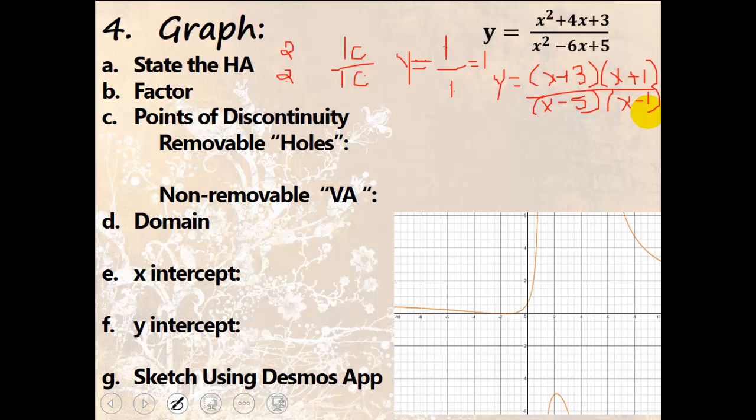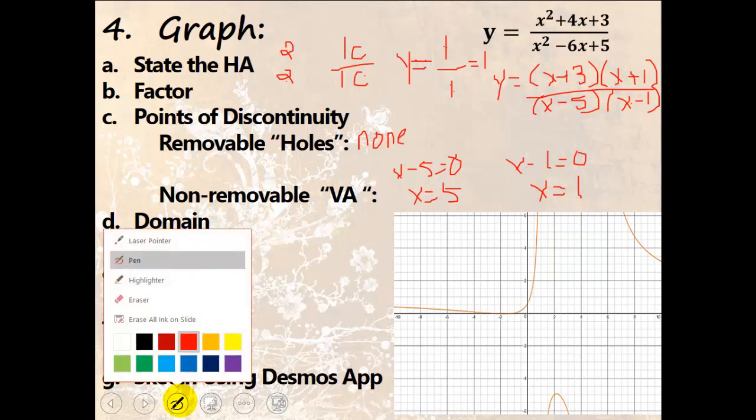Do I have any factors that match in the denominator and the numerator? Nope. So no holes. Do I have any vertical asymptotes? Yep. x minus 5 equals 0, so x equals 5. x minus 1 equals 0, so x has to equal 1. And those are my vertical asymptotes.